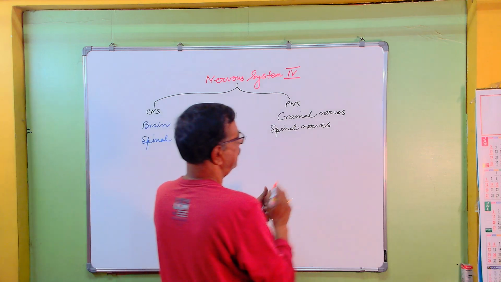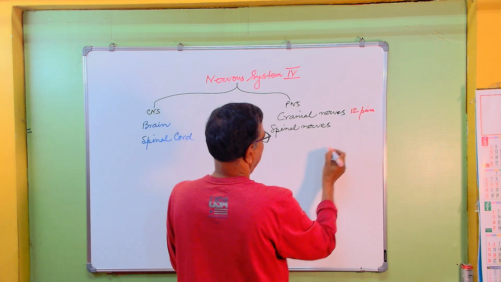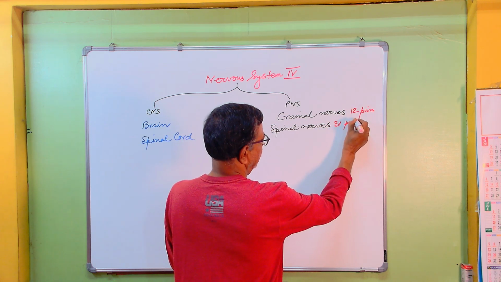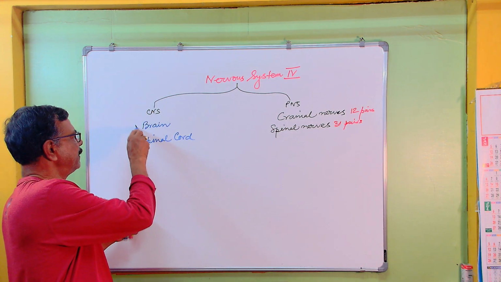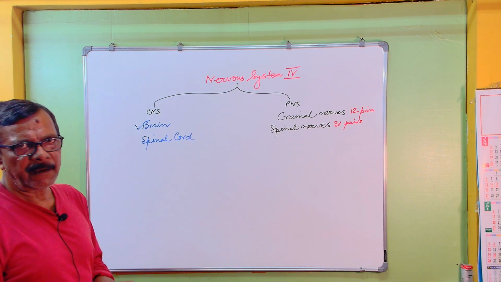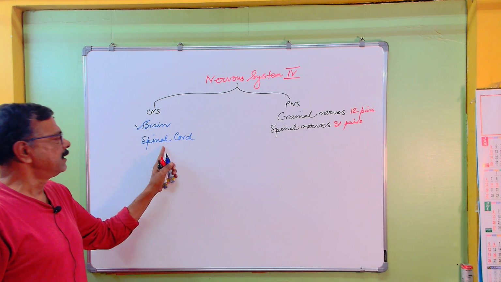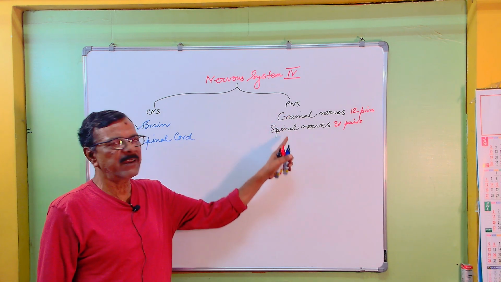Cranial nerves are 12 pairs and spinal nerves are 31 pairs, out of which we have completed the brain. How many parts there are and everything, we have completed. Now we will start with the spinal cord a little bit and then we will go directly to the peripheral nervous system.